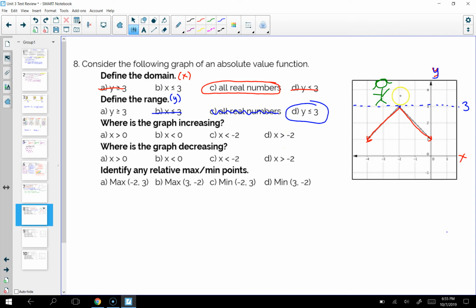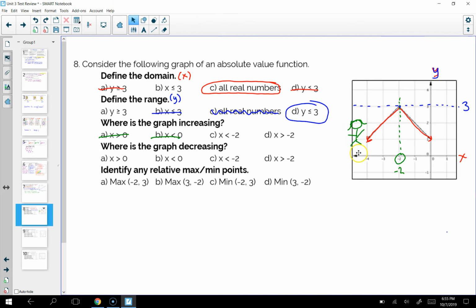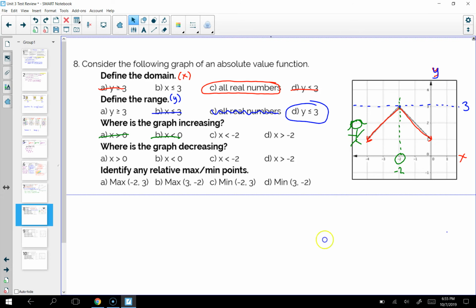I stopped increasing right here, which is where x is -2. So my zeros are out. When I was walking, all of these x's, -4, -3, those are all x values that are less than -2 as I walk up this hill.